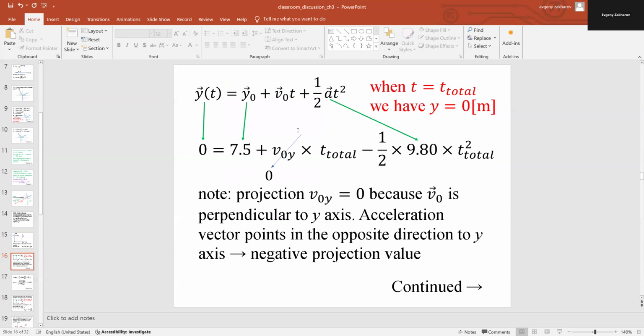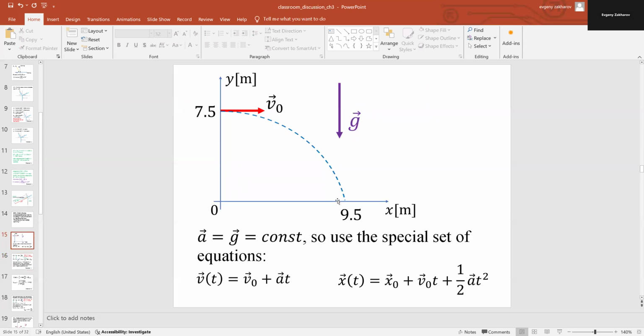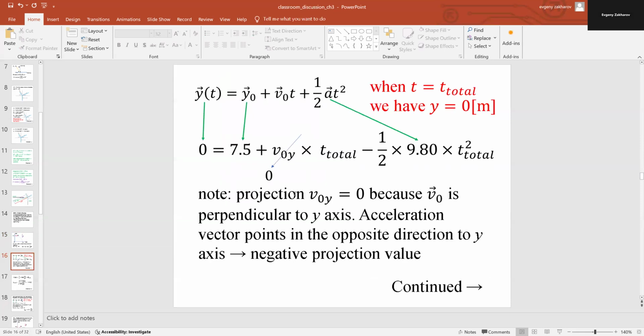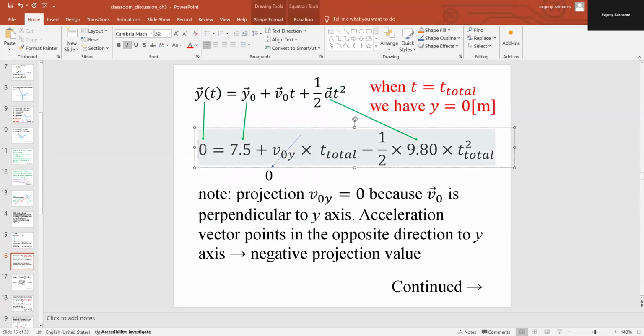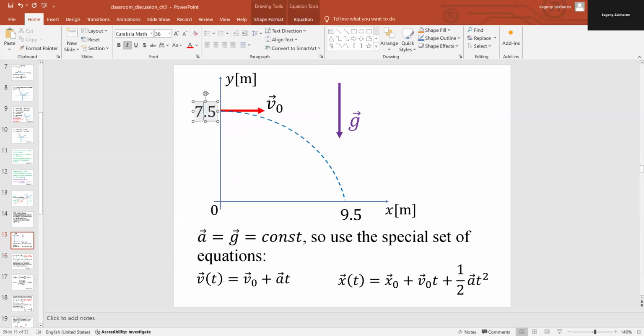So, like I said, when you hit the ground, your y position, vertical position, it's not displacement, vertical position is 0. The initial position is given at 7.5.